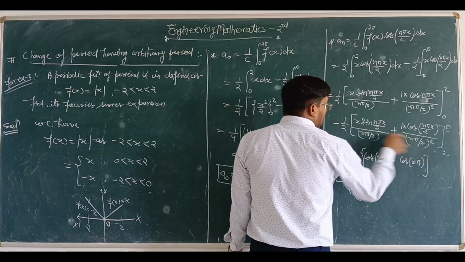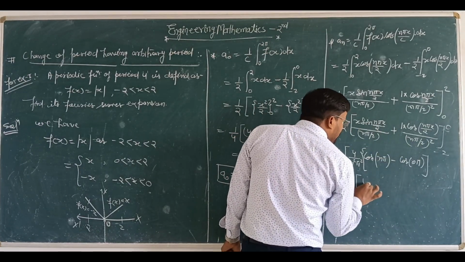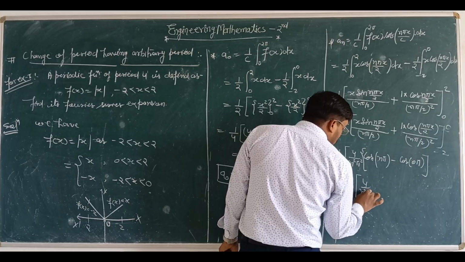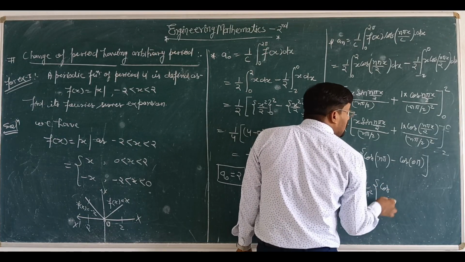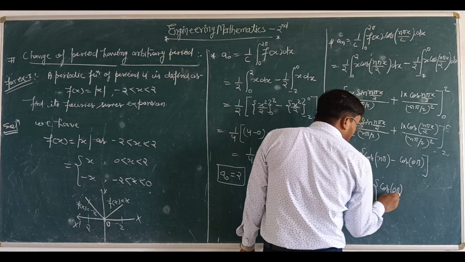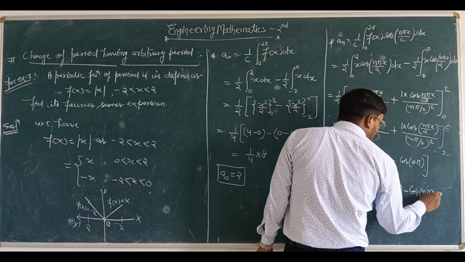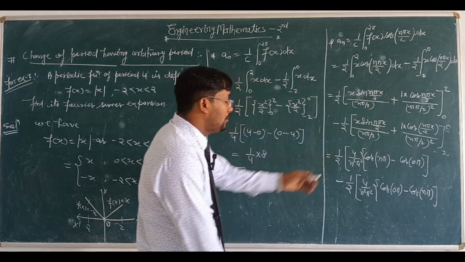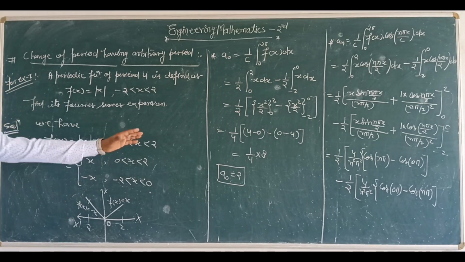Now put the value of this limit. You can say this is equal to 0. Now you can write 4 upon n square pi square cos 0 pi minus cos n pi. Now you can note down this step of this numerical.